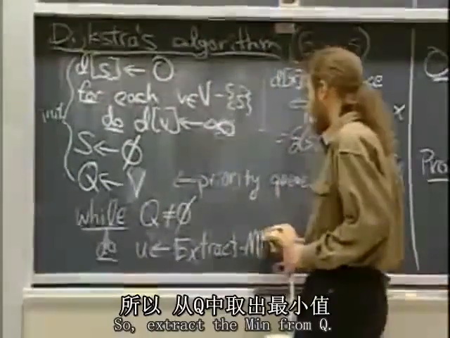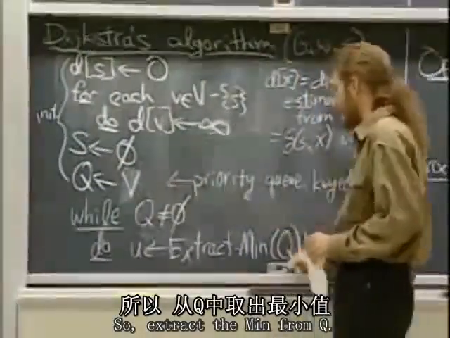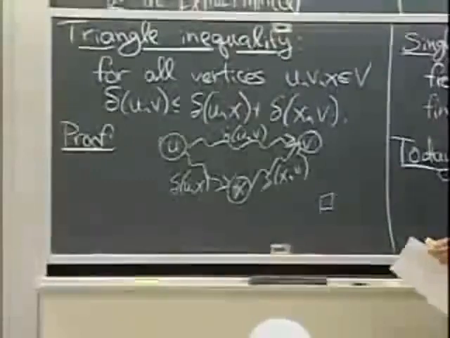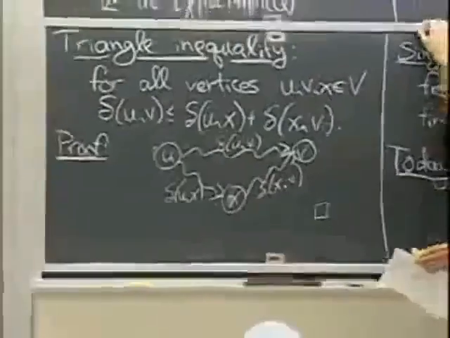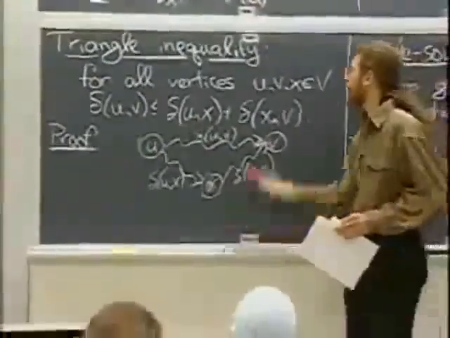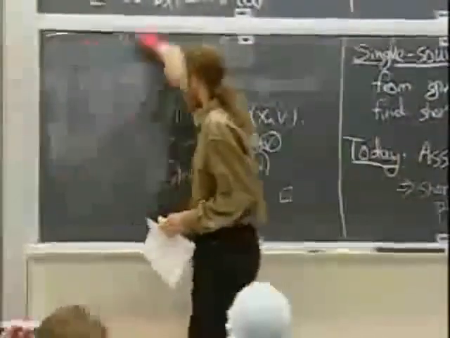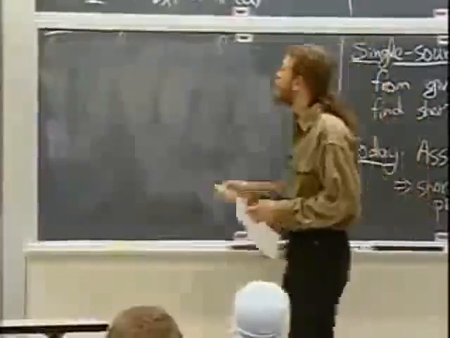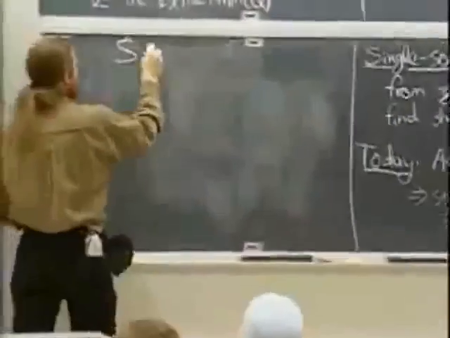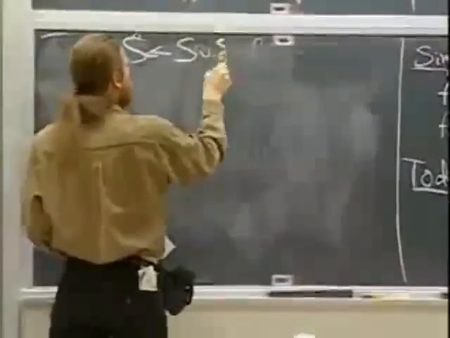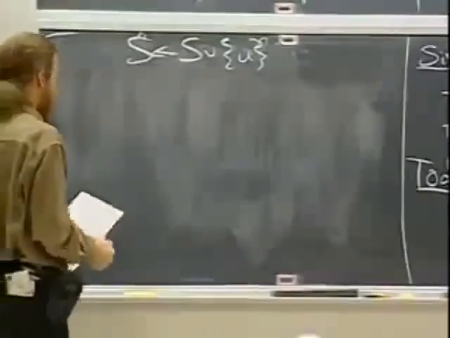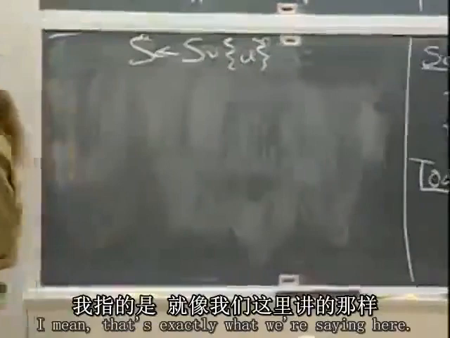So extract the min from Q. We're going to add little u to S. That's exactly what we're saying here.